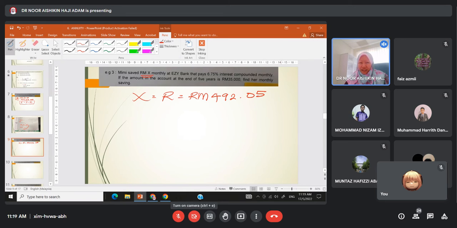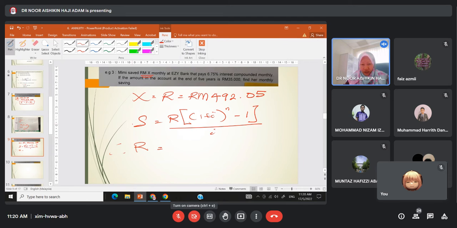Kenapa salah ni? Salah kira ke salah compute dalam calculator? S equals to R times 1 plus I to the power of N minus 1 and then you divide everything by I. You want R. So, kita boleh atur dulu, let R be the subject.